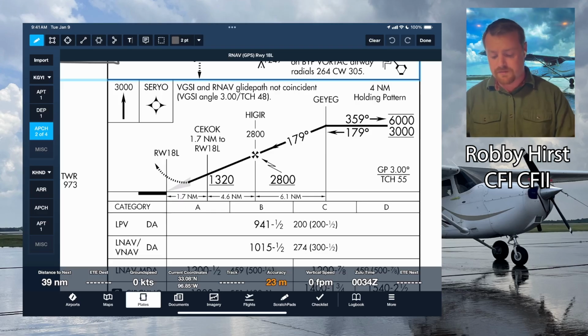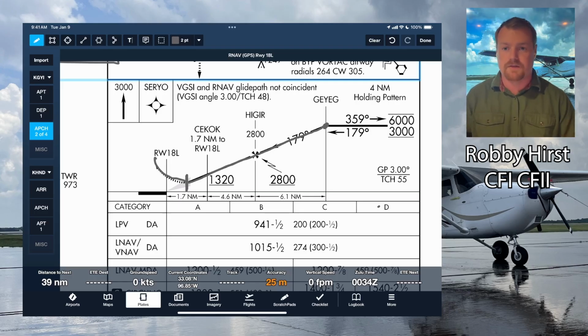So let's assume you have that vertical guidance, and you reach GAIAG with a WAAS-enabled approach, and you've got your glide slope indicator. Just stay right on that glide slope. Follow that 3-degree glide slope all the way down to your DA, your decision altitude, and at that point you would start the missed approach.